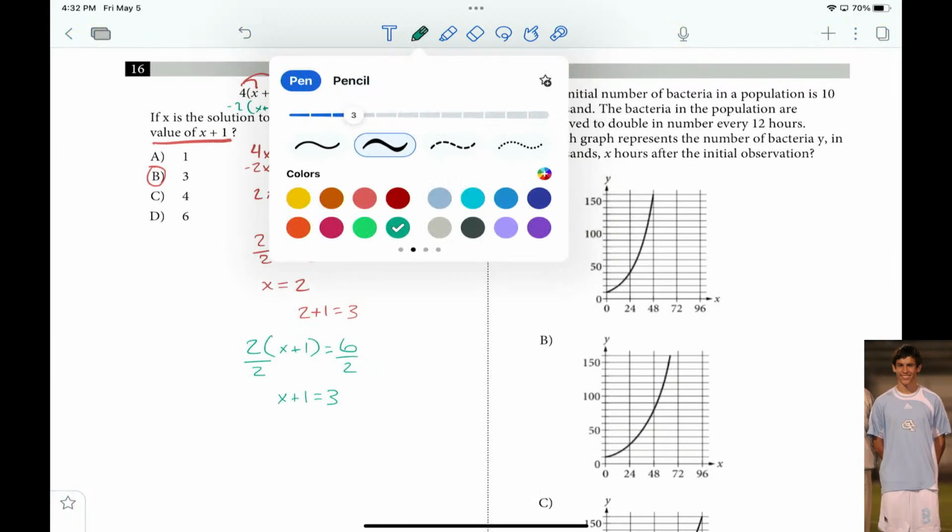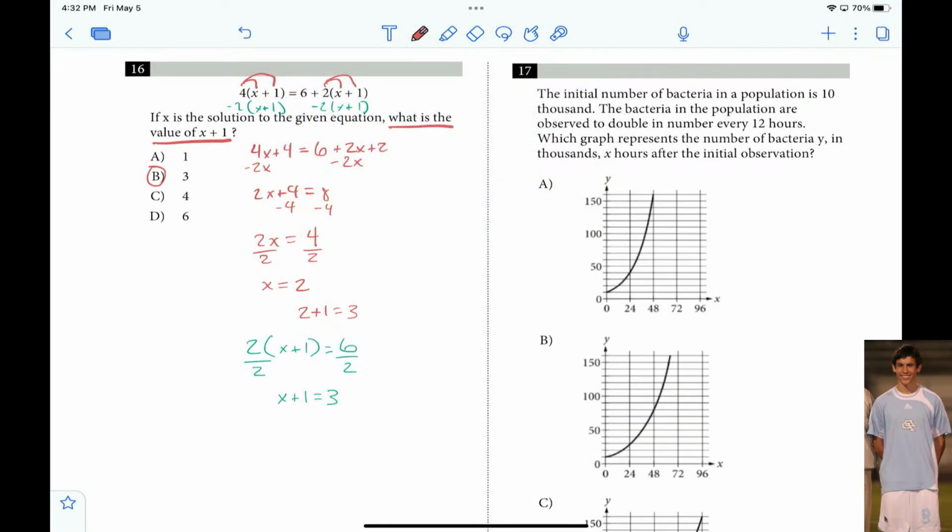So, number 17. The initial number of bacteria in a population is 10,000. The bacteria in the population are observed to double in number every 12 hours. So, every 12 hours, it's multiplying by 2. Which graph represents the number of bacteria y in thousands, x hours after the initial observation?